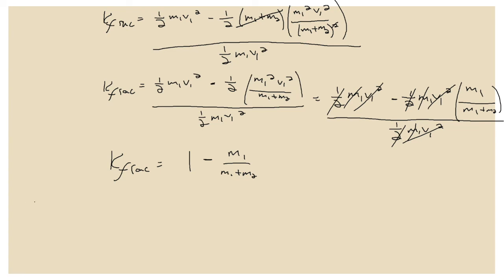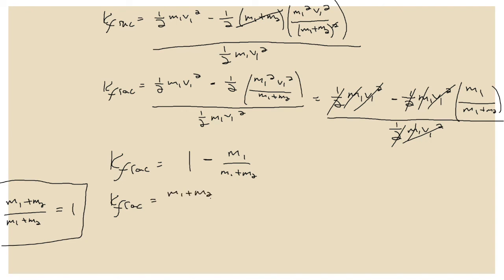And it's important to realize we can simplify this pretty easily. Notice the denominator here is m1 plus m2. So in order to make this 1, I'm just going to put m1 plus m2 in the top. m1 plus m2 divided by m1 plus m2 is 1, right? And so I can rewrite this equation pretty simply as m1 plus m2 over m1 plus m2, that's 1, minus m1 over m1 plus m2.